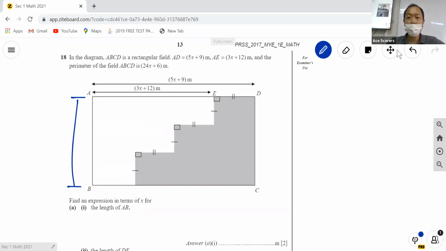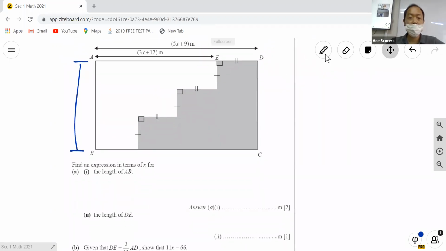Alright, so this is not difficult because we know the perimeter is 24x plus 6. So we take 24x plus 6, minus away 2 times 5x plus 9.